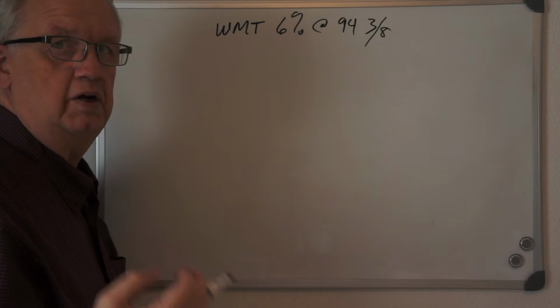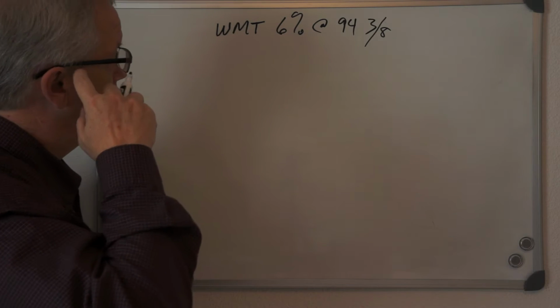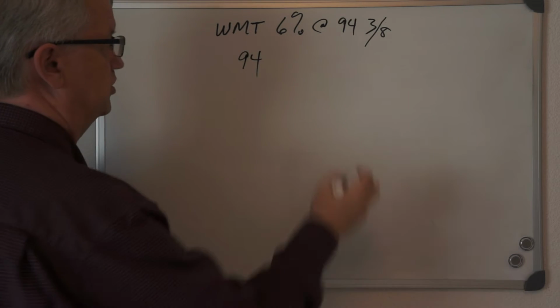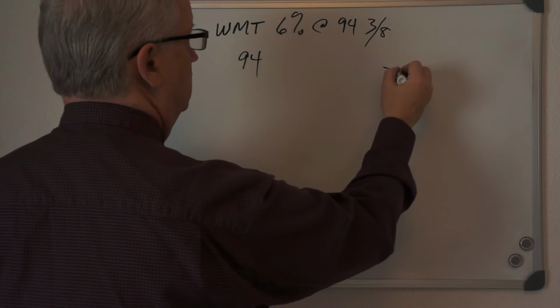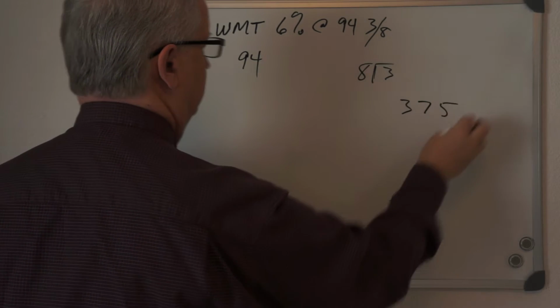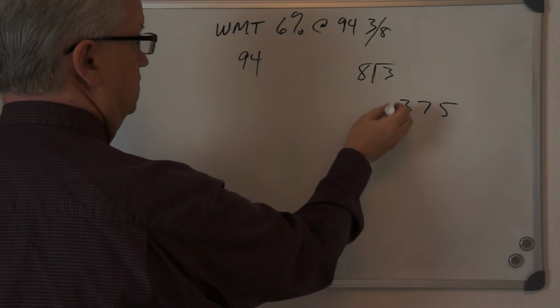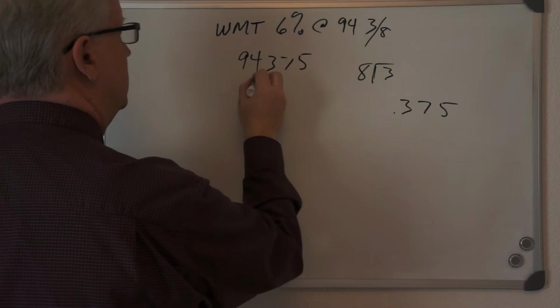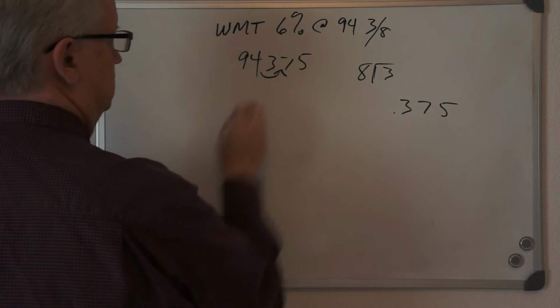They're quoted in eighths. So in this example, we then have 94, and then what's 3/8? 3 divided by 8 is 0.375. So you just do 375. Now you can move the decimal point over.